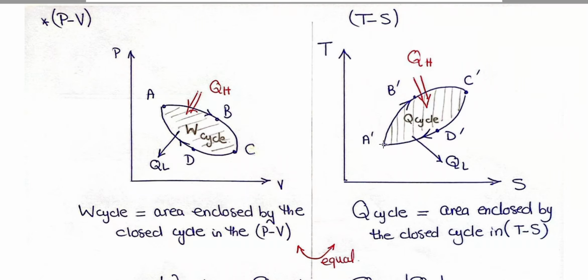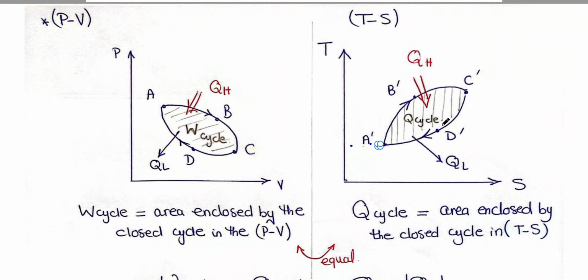So when drawing A dash, B dash, C dash, I will draw a path of increasing T. Temperature at A is less than the temperature at C. That's why I draw the path like this, because there is an increase in temperature, and the gas is absorbing QH.